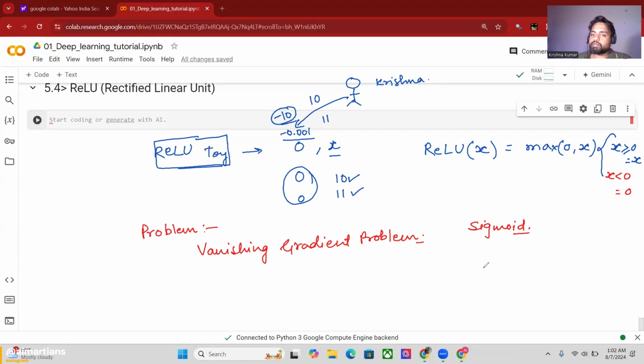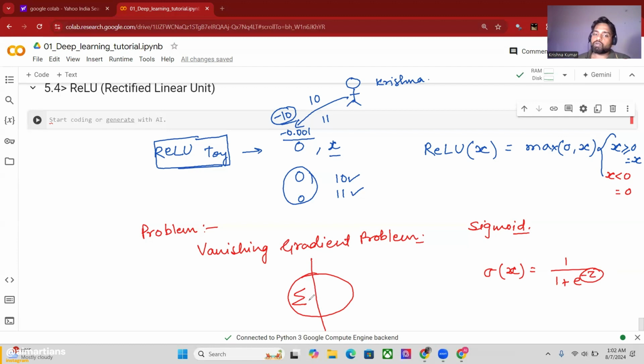In sigmoid, the function we have is 1 upon 1 plus e to the power minus z. Now what is z? Z is nothing but, suppose this is a neuron, the summation part is z.